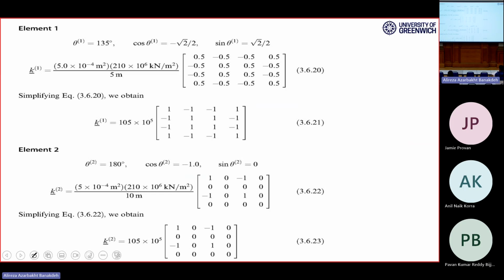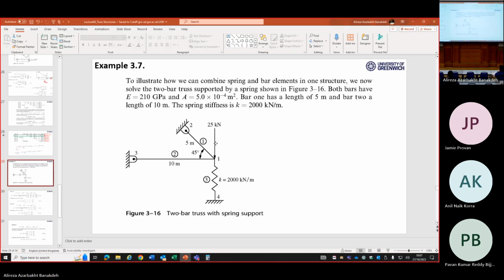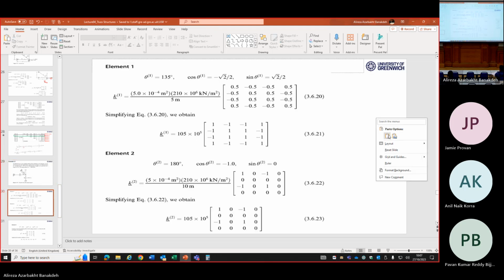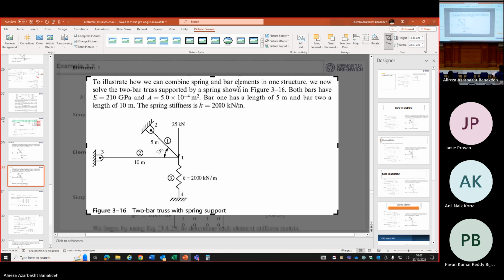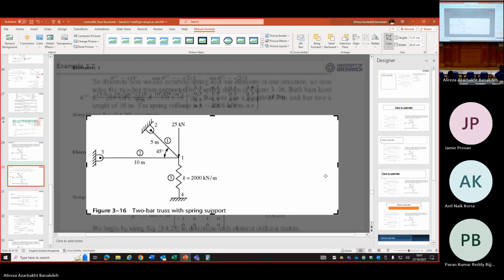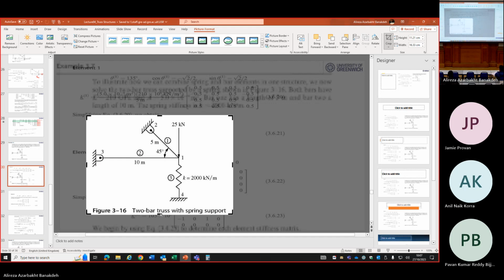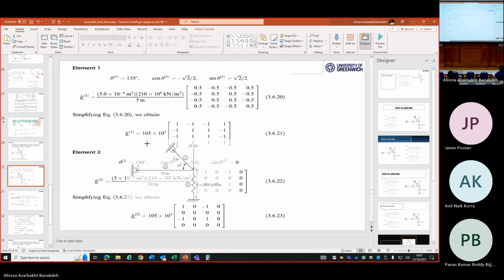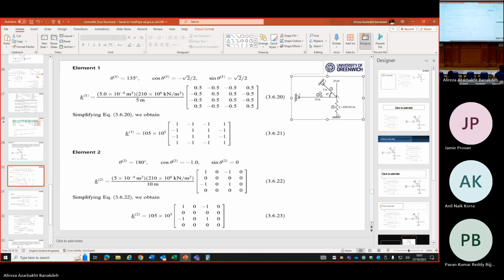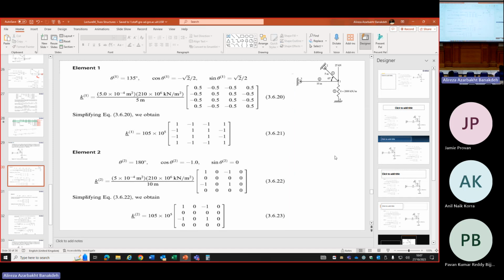For element number 1, I just put it here to remember the numbers.